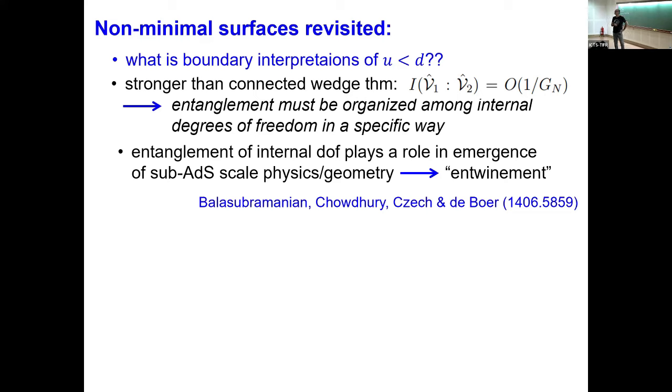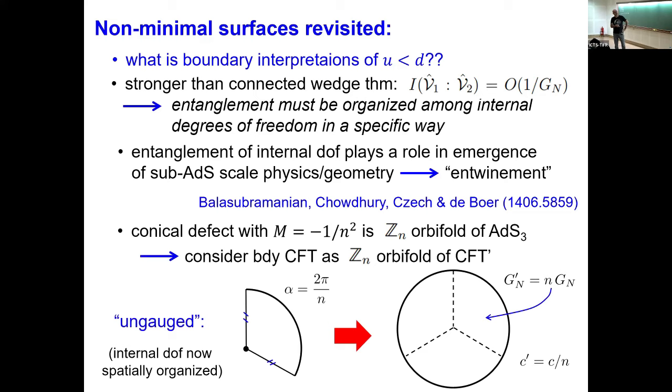I know Jan is over there, oh, there he is up in the back. Bartek, so we've got at least two of the co-authors. And what they were doing was precisely thinking about non-extremal surfaces and what the implications of those might be for sub-AdS scale physics in the bulk geometry.